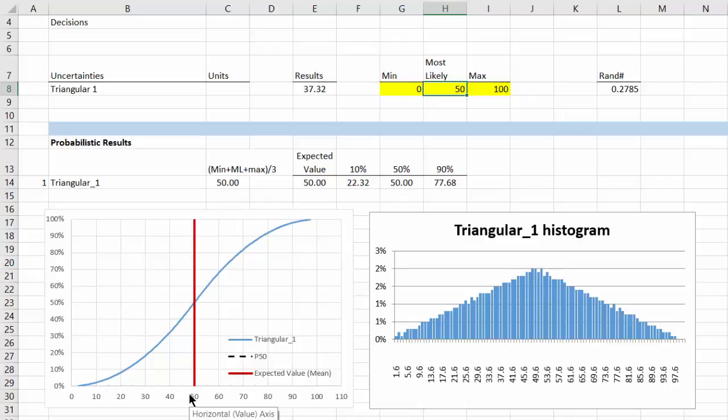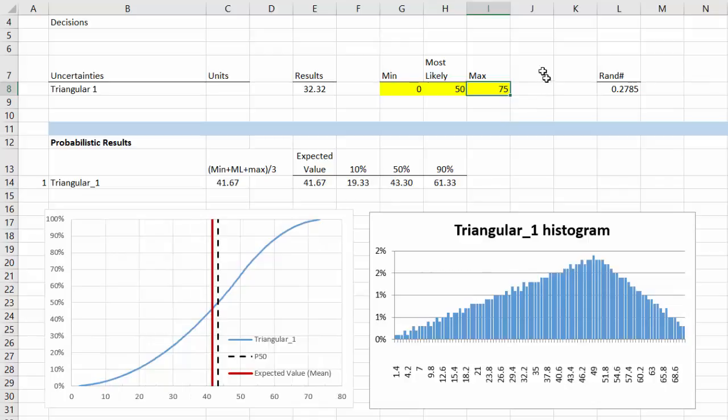So what if we made it asymmetric? In other words, not symmetric. So let's change this to 75. So now on the downside we go down 50, and on the upside we only go up 25.